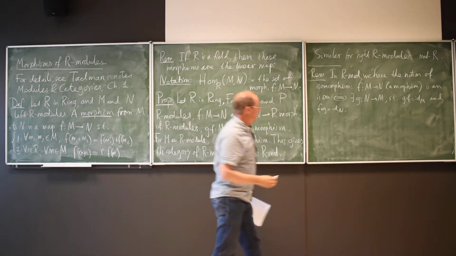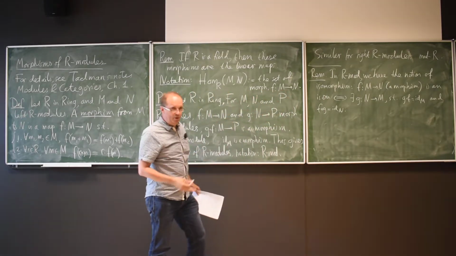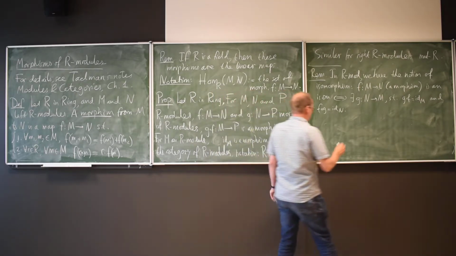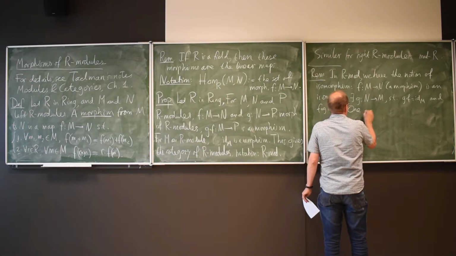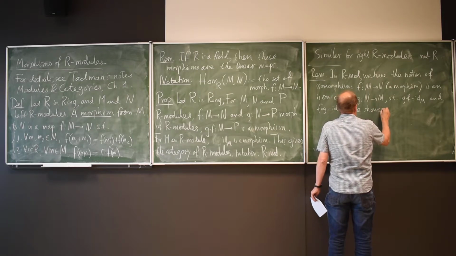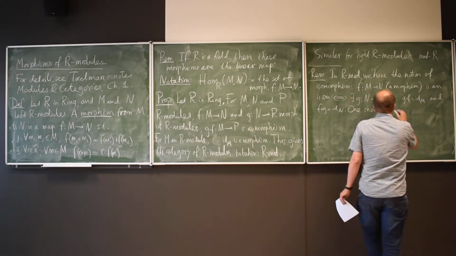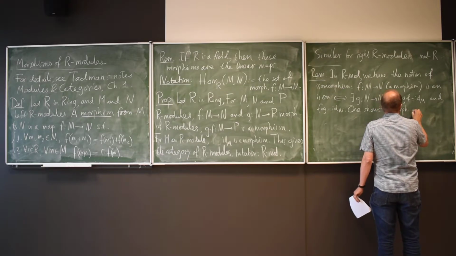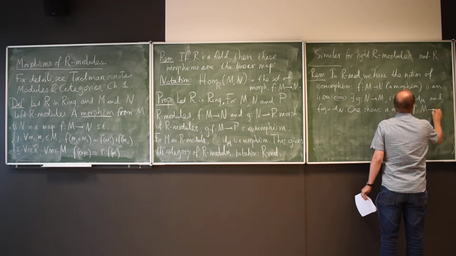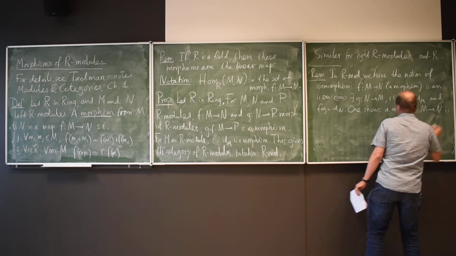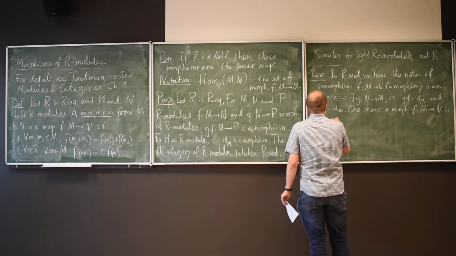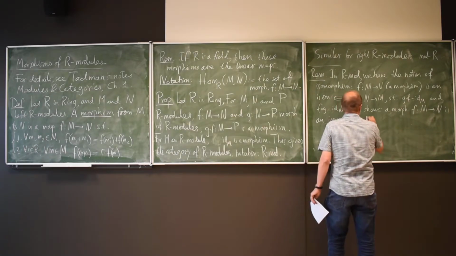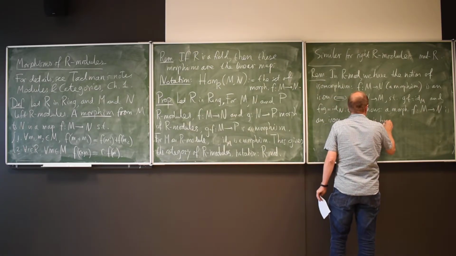And so that is the right way to get to the notion of isomorphism, and then one shows a morphism F from M to N is an isomorphism if and only if it is bijective.